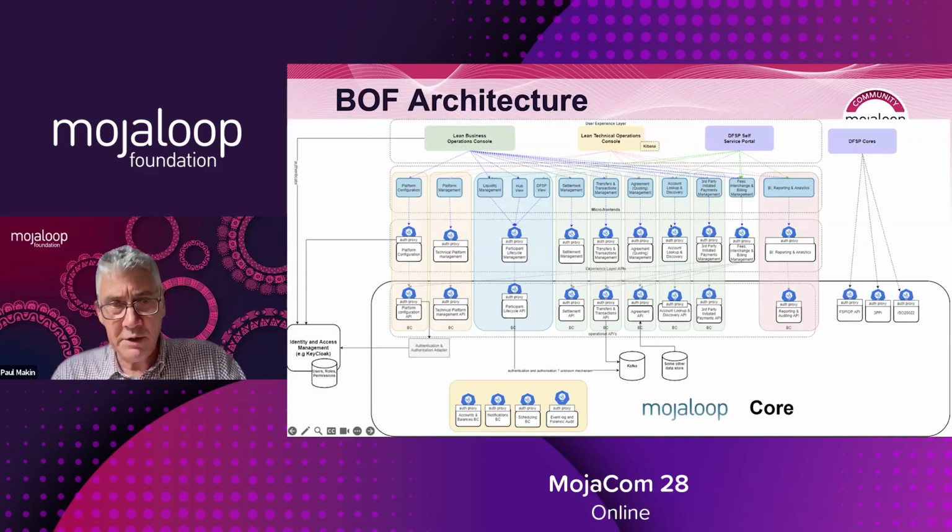So this is the architecture of the business operations framework. The only point I want to make out of this, as this apparent great complexity, is that every single service that's within the Mojaloop Hub itself, down here, the Mojaloop core, has a set of APIs which then expose micro front ends, which can then be used to create portals, which are then presented to the operator.